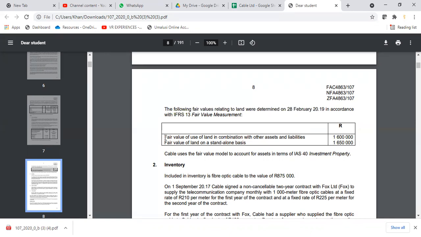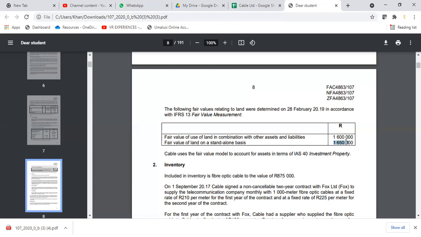What's important to take note of is that we must always use it on a standalone basis. So the fair value of land on a standalone basis is 1,650,000 Rand.